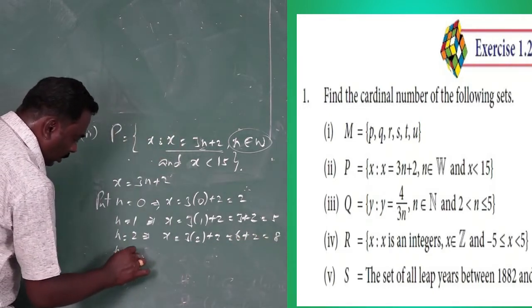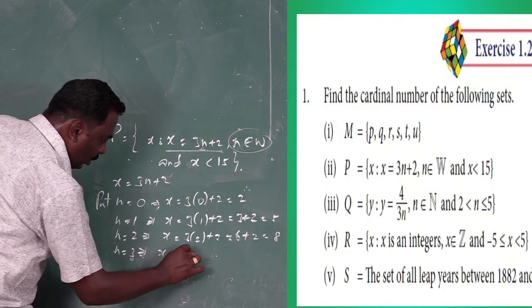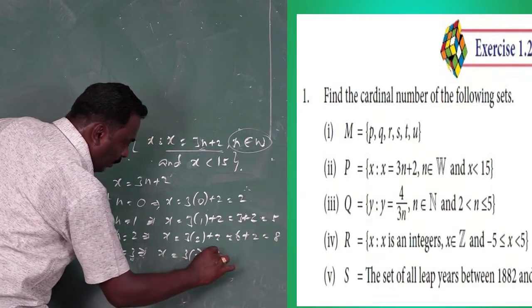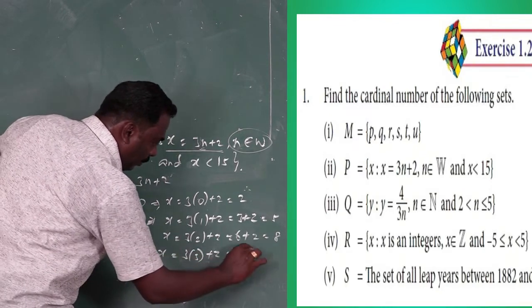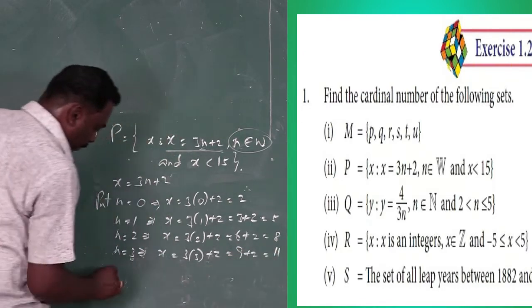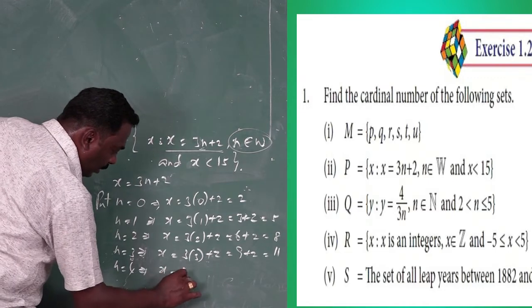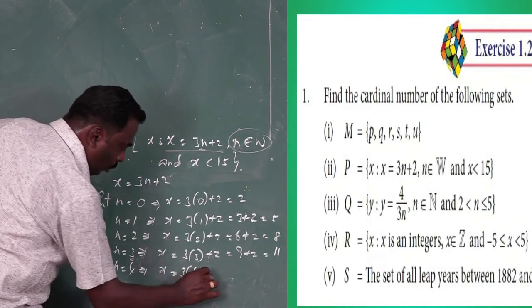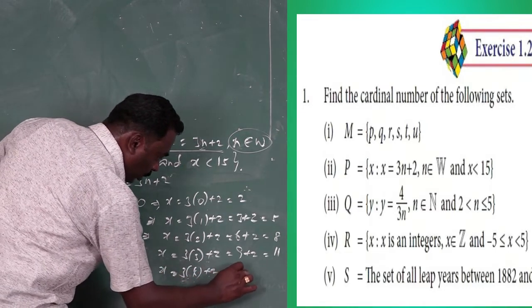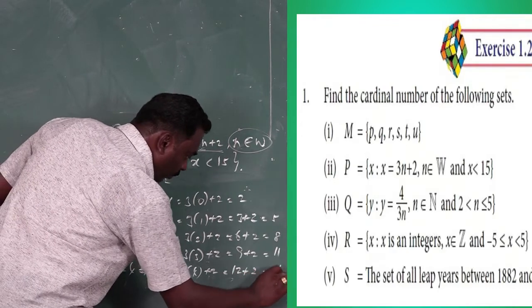Put n = 3, which implies x = 3 × 3 + 2 = 9 + 2 = 11. Put n = 4, which implies x = 3 × 4 + 2 = 12 + 2 = 14.